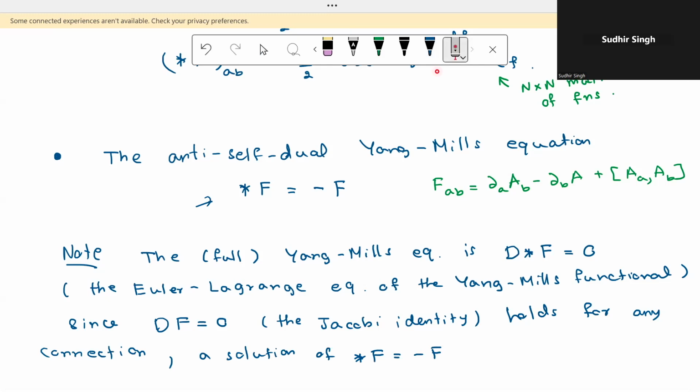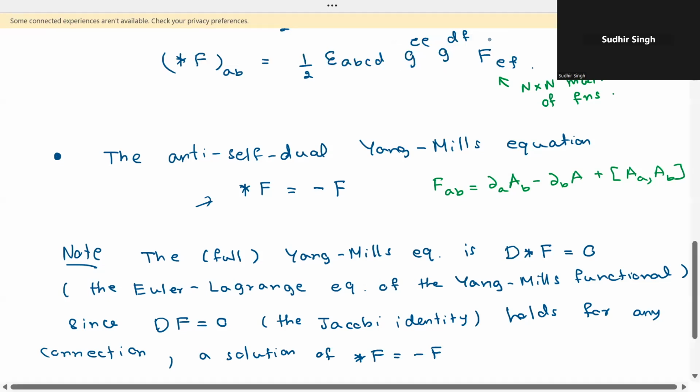The solution of this is also a solution of the full Yang-Mills equations. So that's why this equation is called the anti-self-dual Yang-Mills equation.